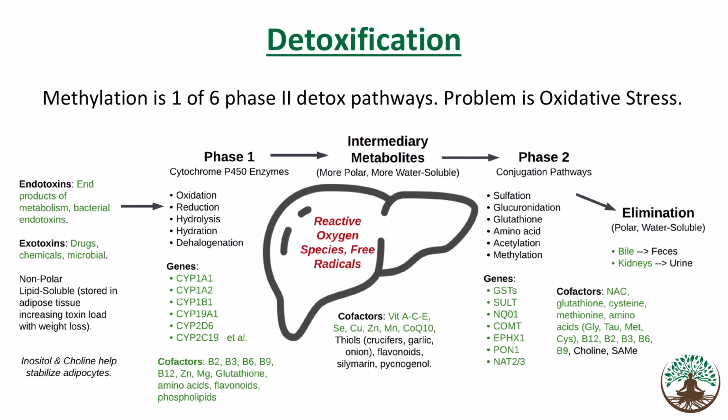To add to this, methylation is one of 6 phase 2 detoxification pathways. All of the detoxification pathways, divided into phase 1 and phase 2, are interrelated, and a problem along one of these pathways typically lends itself to a problem in another.